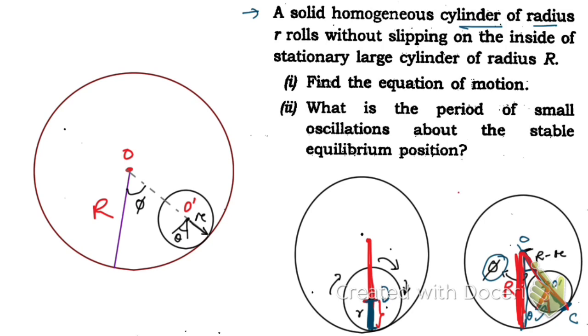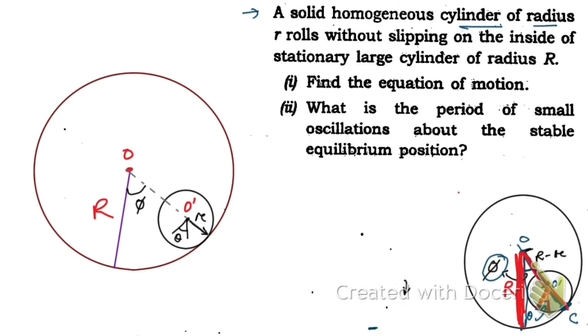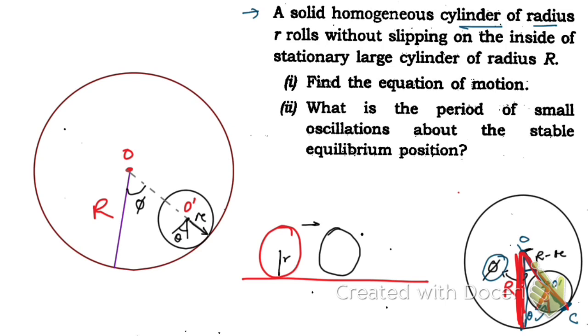Now just wait, let me clean this figure. Suppose this is a horizontal surface and you have a cylinder like this. I have drawn the circular end only here. The radius is small r, and suppose you roll it through a very small angle.